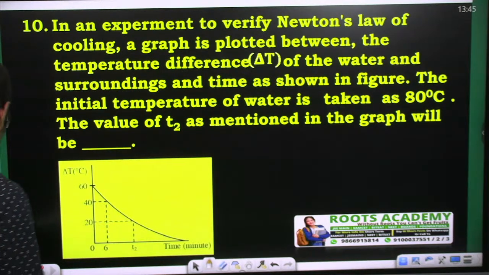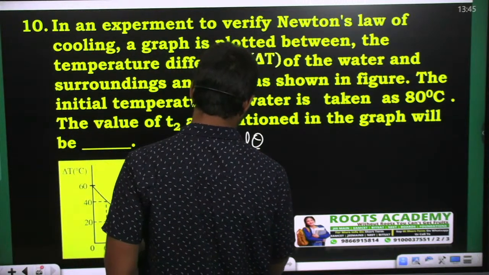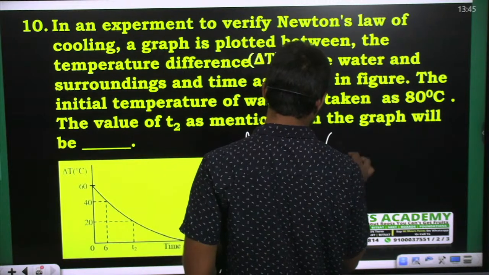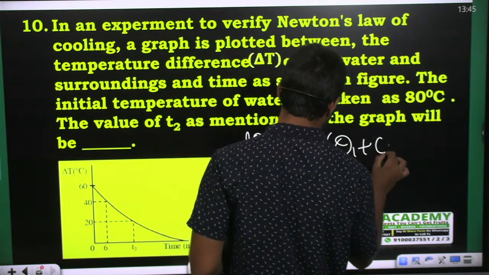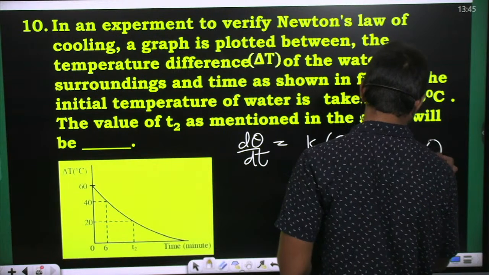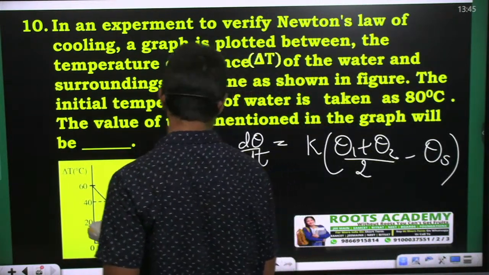So we all know Newton's law of cooling, that is dT by dt is equal to K times (theta 1 plus theta 2 by 2 minus theta s). So this is the basic fundamental version of Newton's law of cooling.